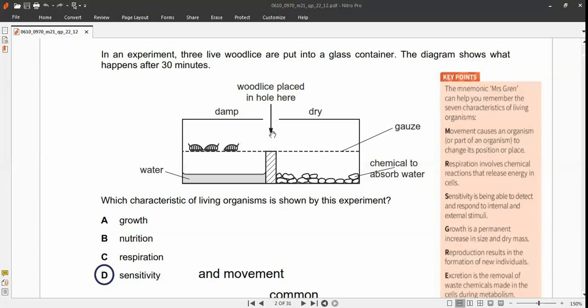And also sensitivity, because here the stimuli, the damp or water, so they move from this place to this place because they're able to detect and respond to the external stimuli. So here, which characteristic? Growth? No. Nutrition? No. Respiration? No. Sensitivity and movement.